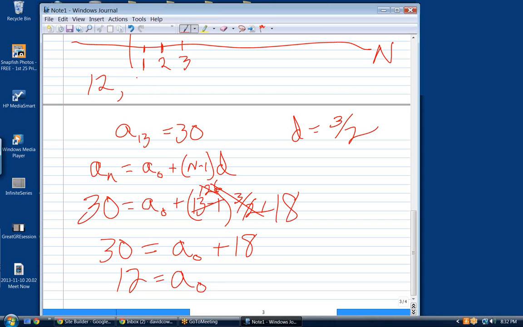Yeah, 13.5. What's the next term? So then 13.5 plus 3 halves is 15.